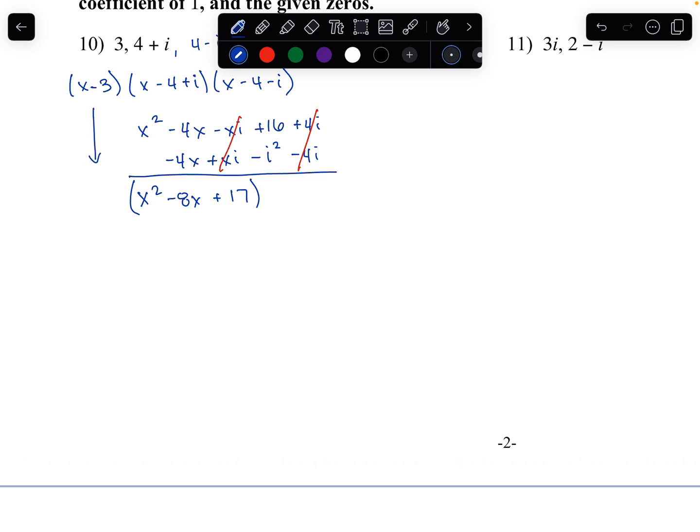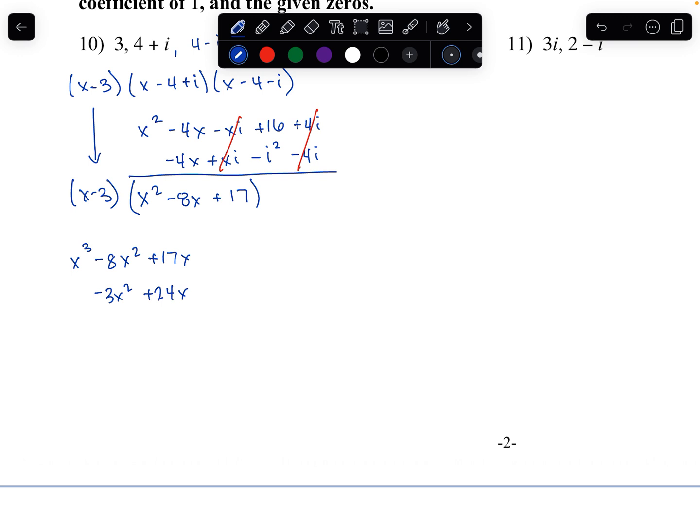I'm going to bring down this x minus 3, and I'm going to multiply these together right here. So this is going to become x to the third. When I multiply those, then I'm going to get minus 8x squared plus 17x. Now I'm going to go to the negative 3. I'm going to get negative 3x squared. Negative 3 times negative 8 is positive 24x.